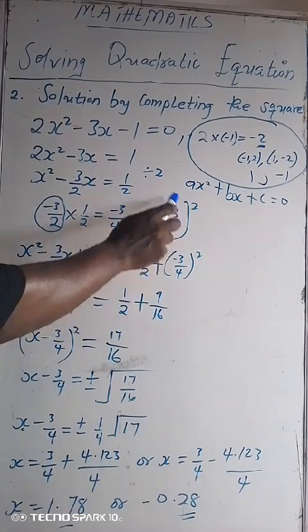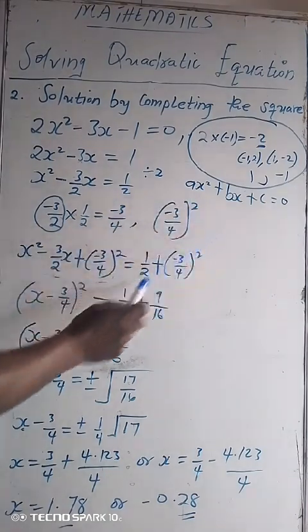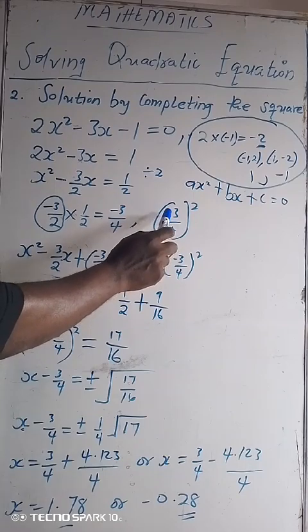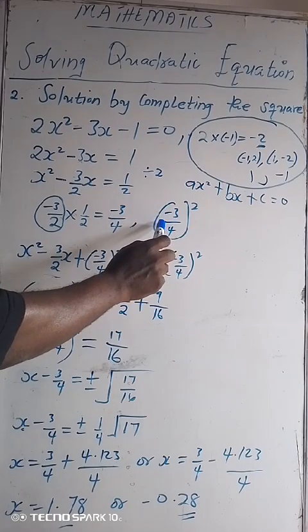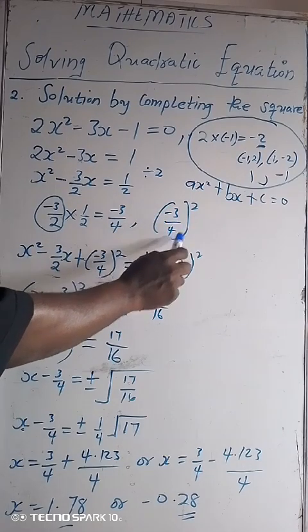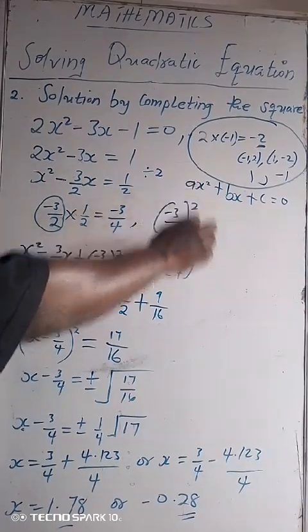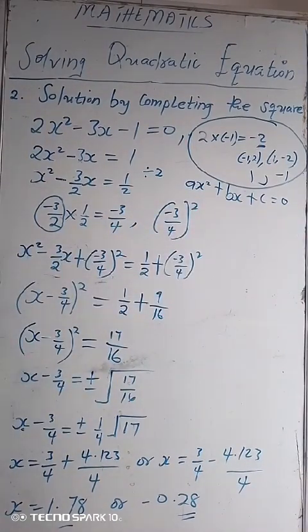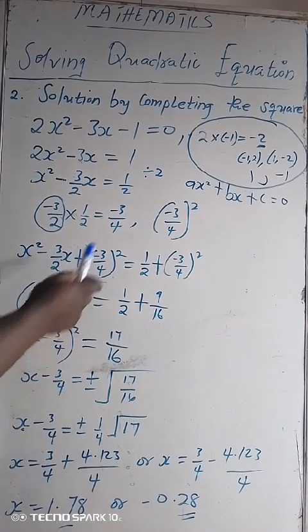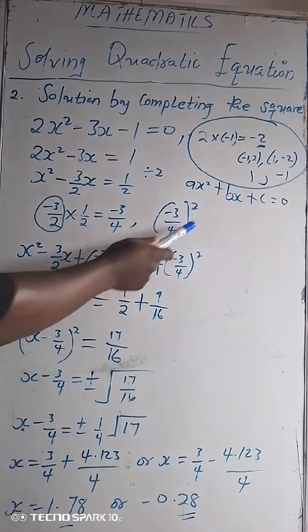So we bring the bracket and square the answer, negative 3 out of 4, all squared, meaning we have squared our product, which is the result of negative 3 out of 2 times 1 out of 2.